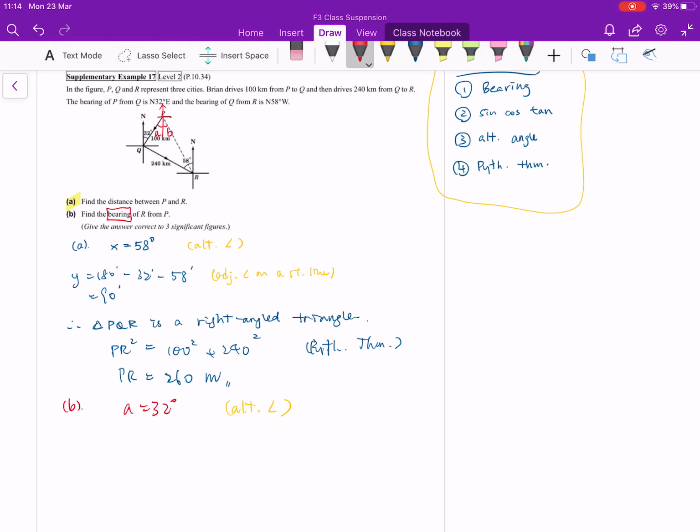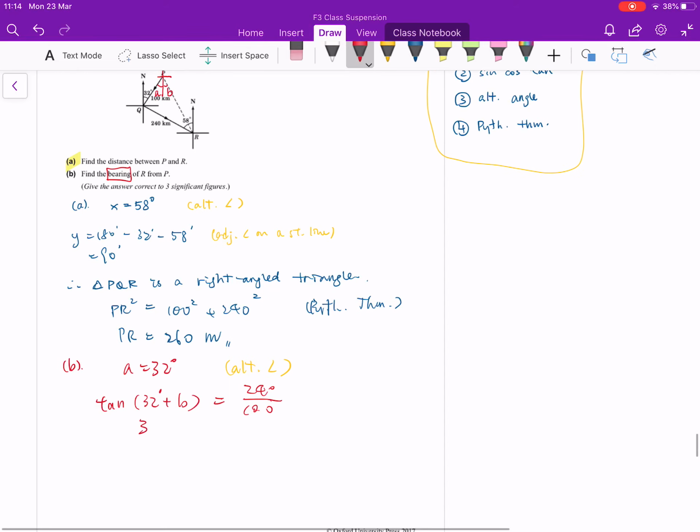And then second one, tangent of A plus B, where A should be 42, so let me replace A by 42, plus B equals 240 divided by 100, tangent ratio. So 42 degrees plus B is approximately equal to this one.